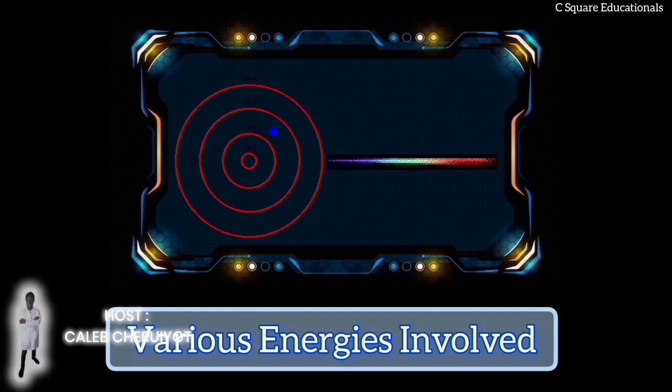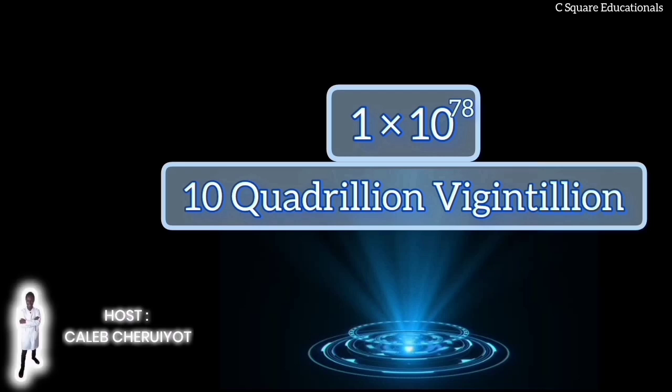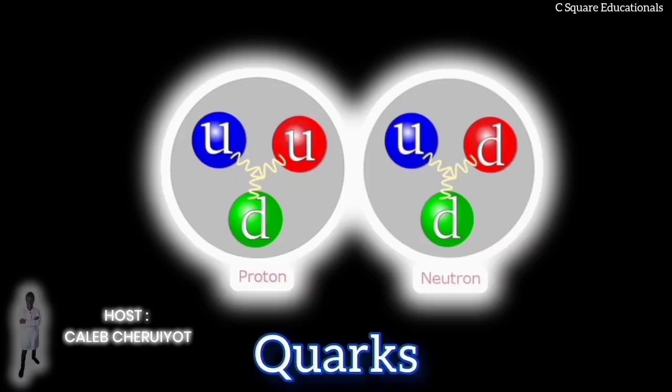Everything around us is composed of atoms. The number of atoms in the observable universe is estimated to be more than 10 quadrillion quintillion. This number is 1 followed by 78 zeros. Atoms are tiny particles consisting of electrons, protons and neutrons, which are in turn made up of quarks.